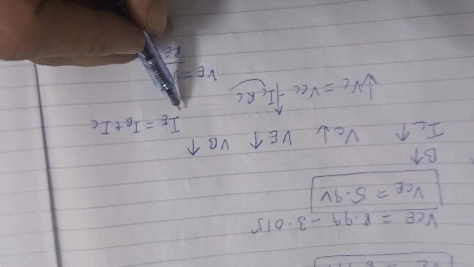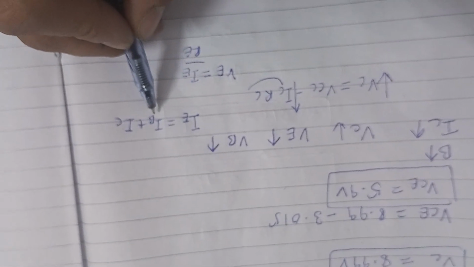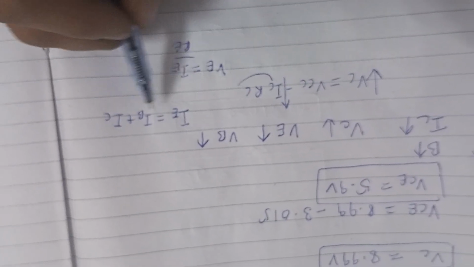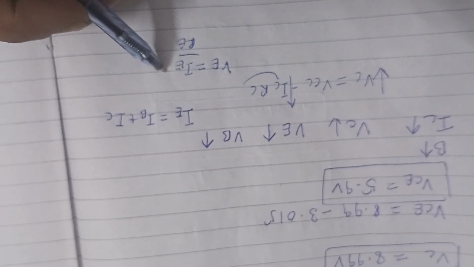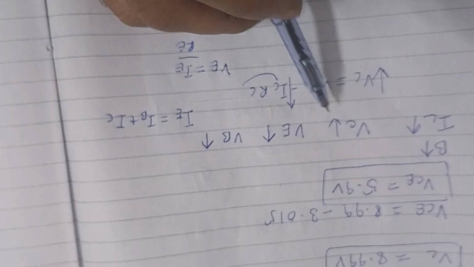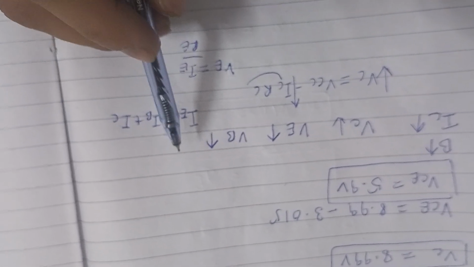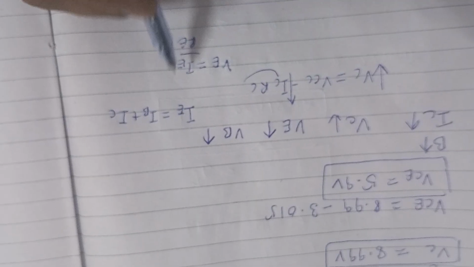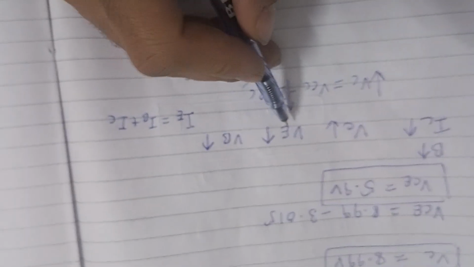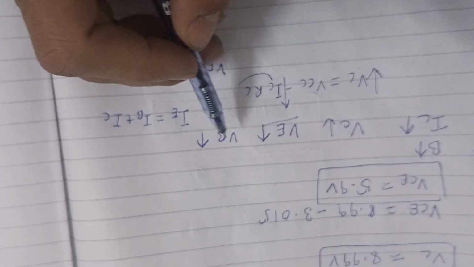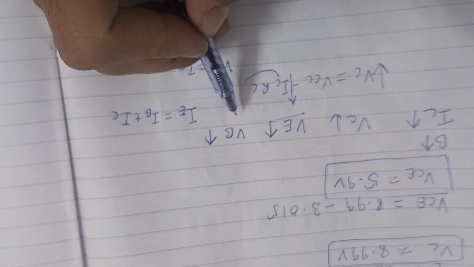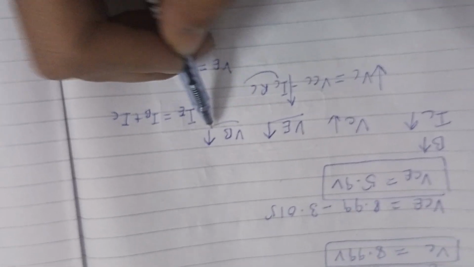We know IE equals the summation of the base current and the collector current. So if IC increases, the emitter current increases, and if the emitter current increases, the emitter voltage increases. So this is why the emitter voltage increases and the base voltage also increases.